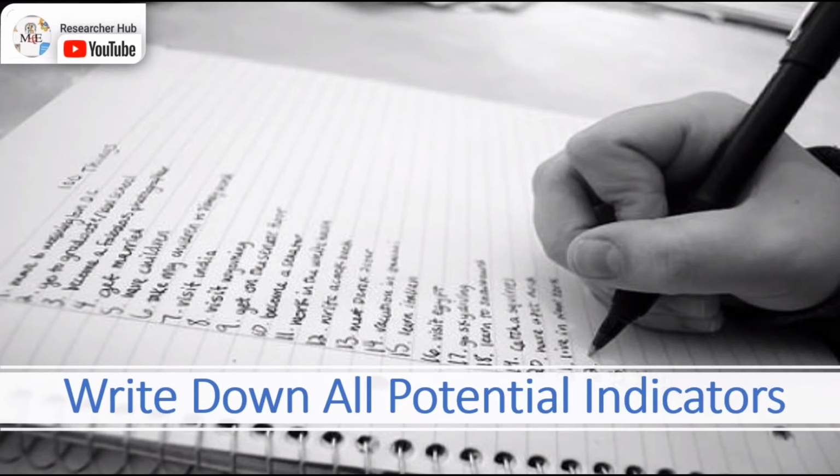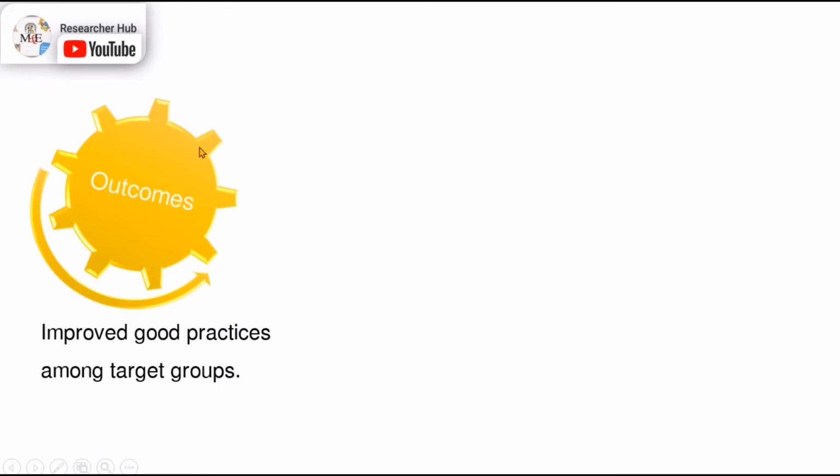That's more than enough to make a shortlist. It's just like recruiting staff. You don't need to write down every potential indicator, but when we say potential indicators, you already make some selection based on your feeling of whether it is appropriate or not. Then maybe list down up to 10.